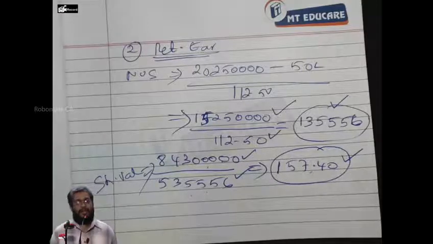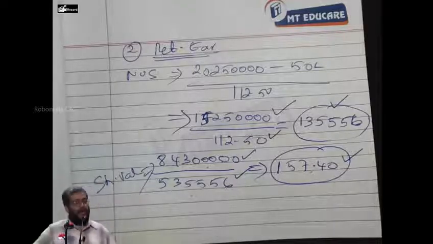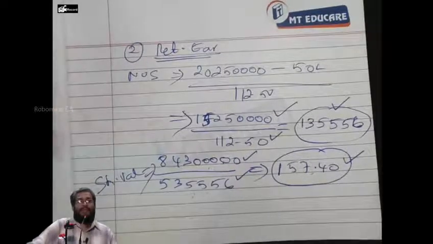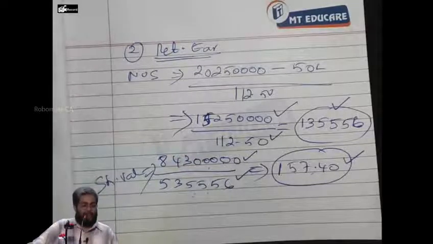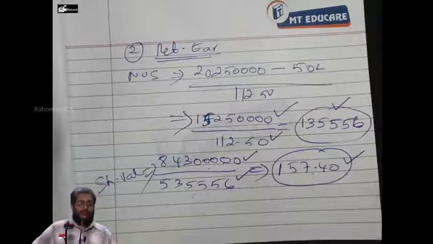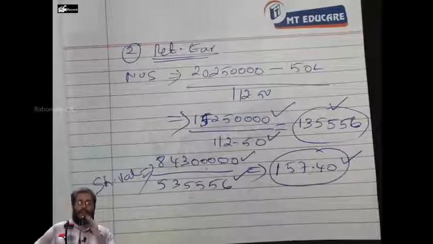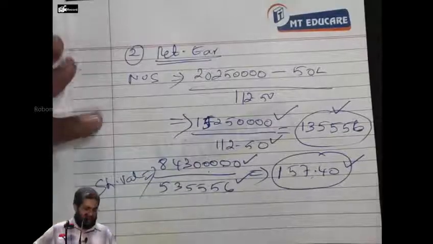Everybody, are you comfortable or not? Last point. Point number 5. In this case, R greater than KE.